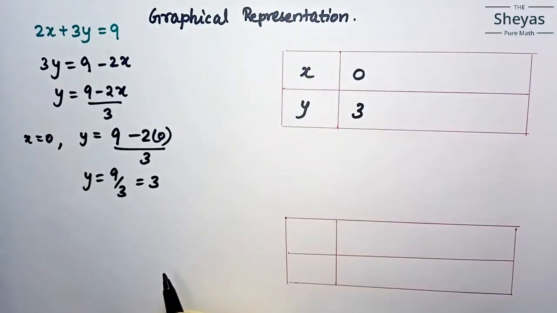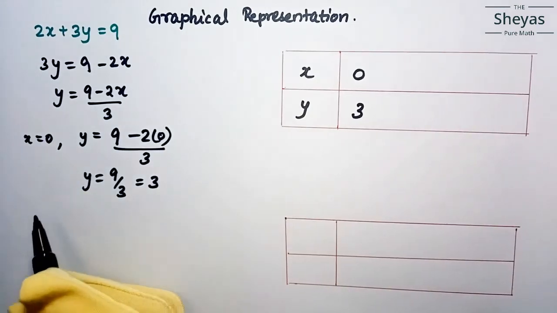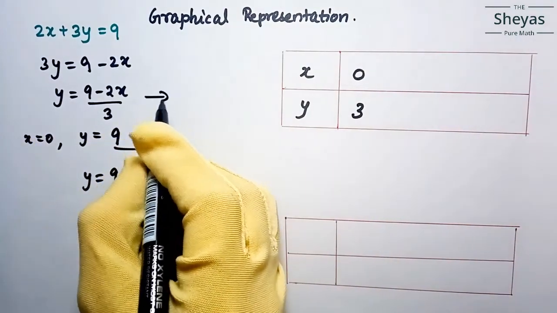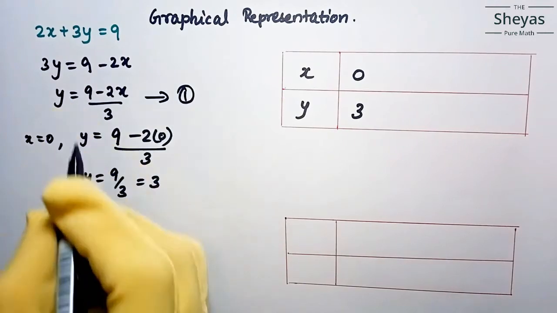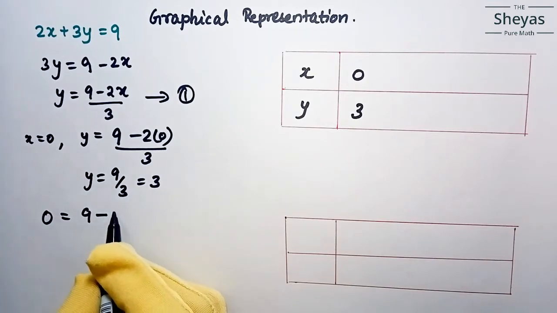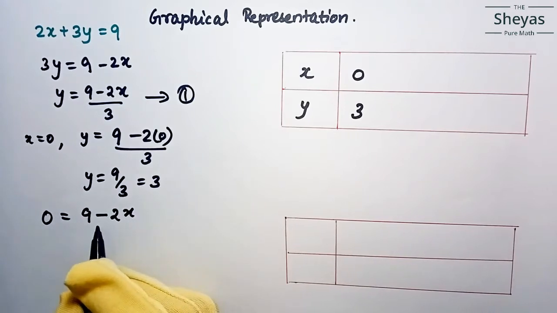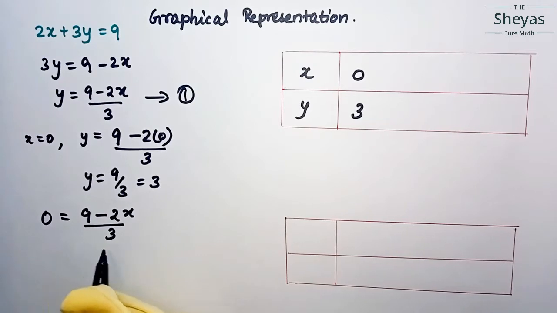Now I am taking y as 0. Let this be the first equation. If I take y as 0, what will happen? 9 minus 2x by 3. If I multiply 0 into 3, it will be 0.